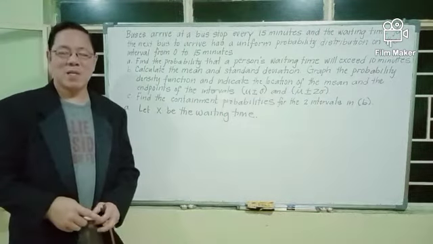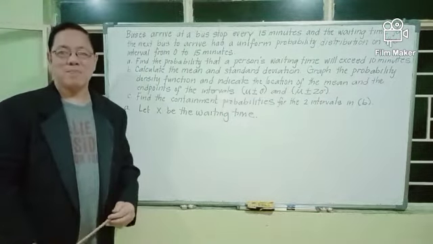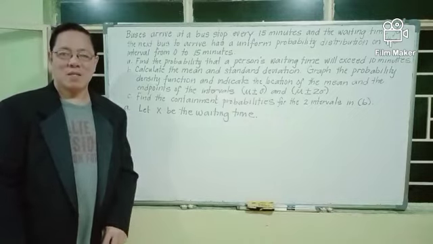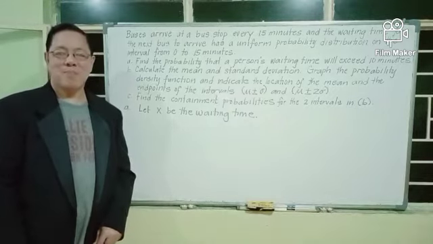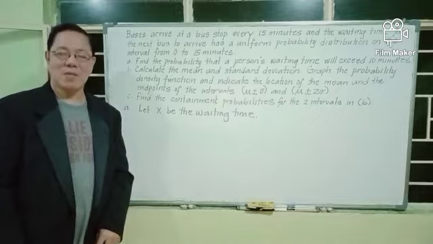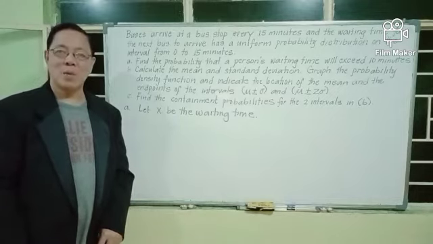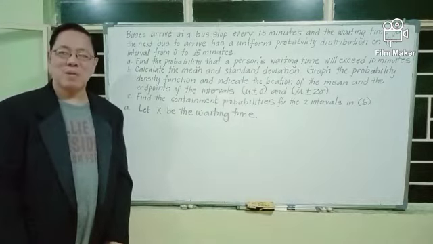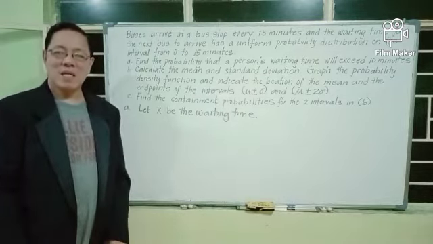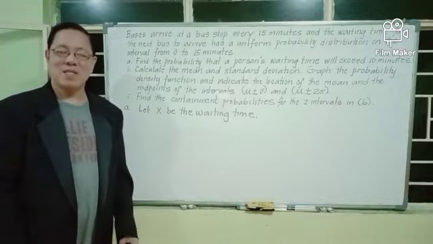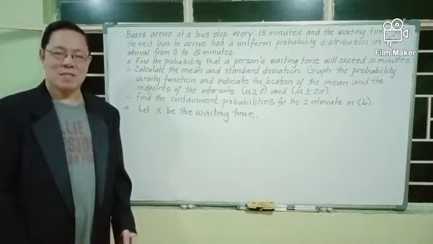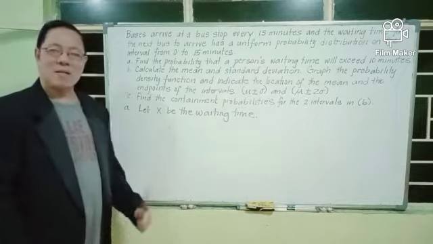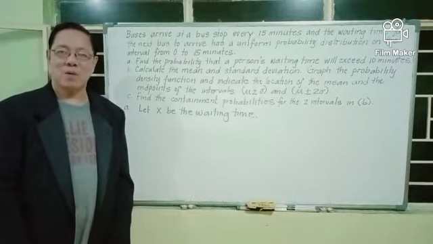We let x be the waiting time of a person who wants to catch a bus. And the possible values of x here will be between 0 and 15 minutes. And x will have infinitely many possible values because there are infinitely many numbers between 0 and 15 minutes. So x here represents a continuous random variable.